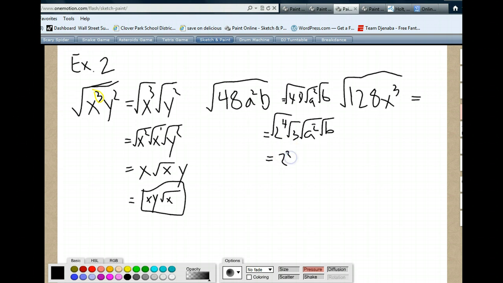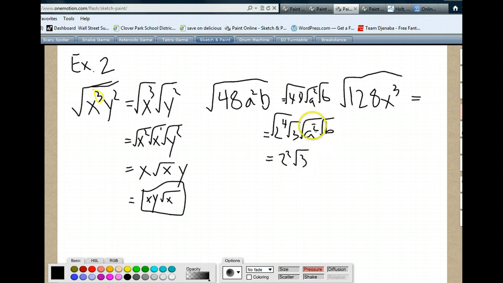Or you can even just apply this out if you don't trust yourself by making this step from here to here. 2 times 2 is 4. 2 times 2 is 4. 4 times 4 is 16. Square root of 16 is going to be equal to 4, which is what we get as soon as we evaluate this. Okay, square root 3, can't do anything with that, so he stays.